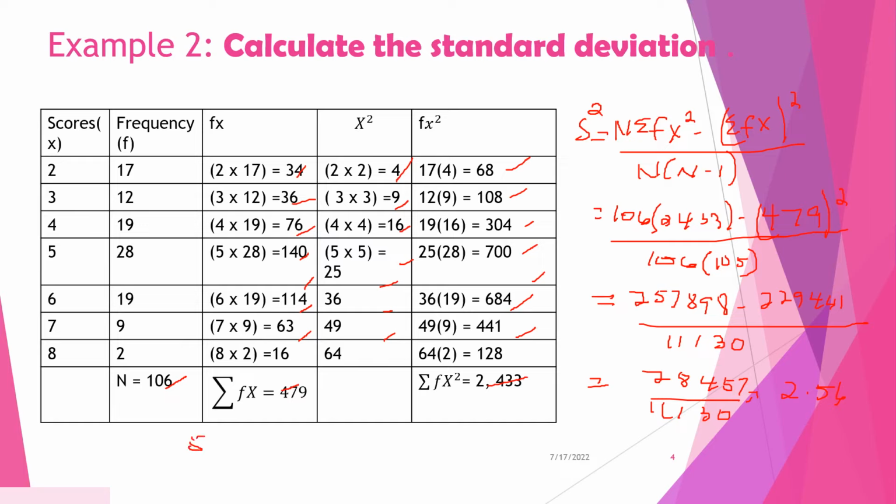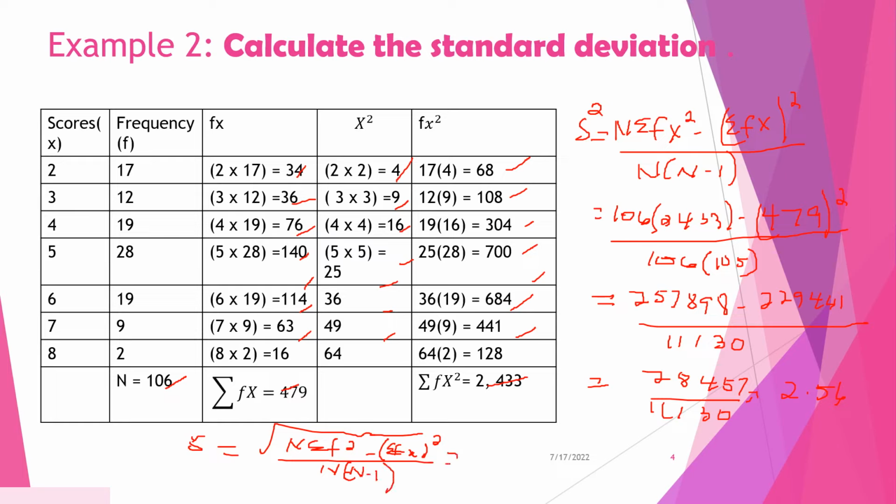So S is equal to the square root of n times the sum of fx squared minus the sum of fx, squared, over n times n minus 1.